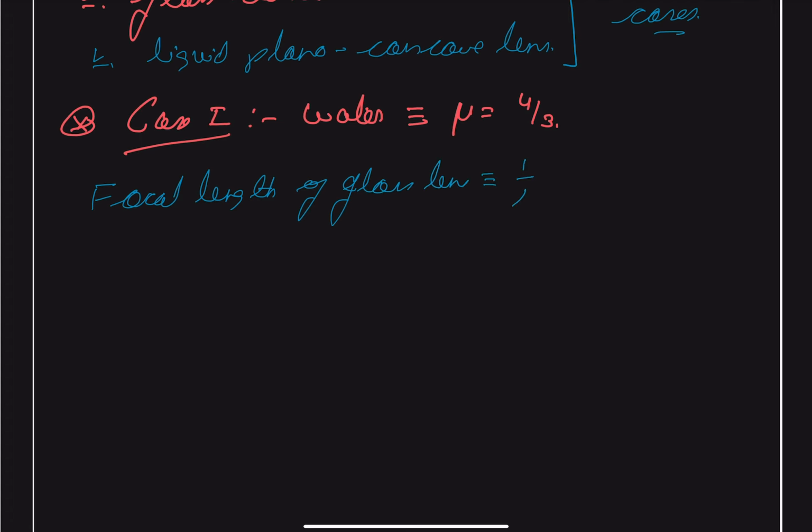That will be 1 upon Fg equal to mu g minus 1 times 1 upon R1 minus 1 upon R2.